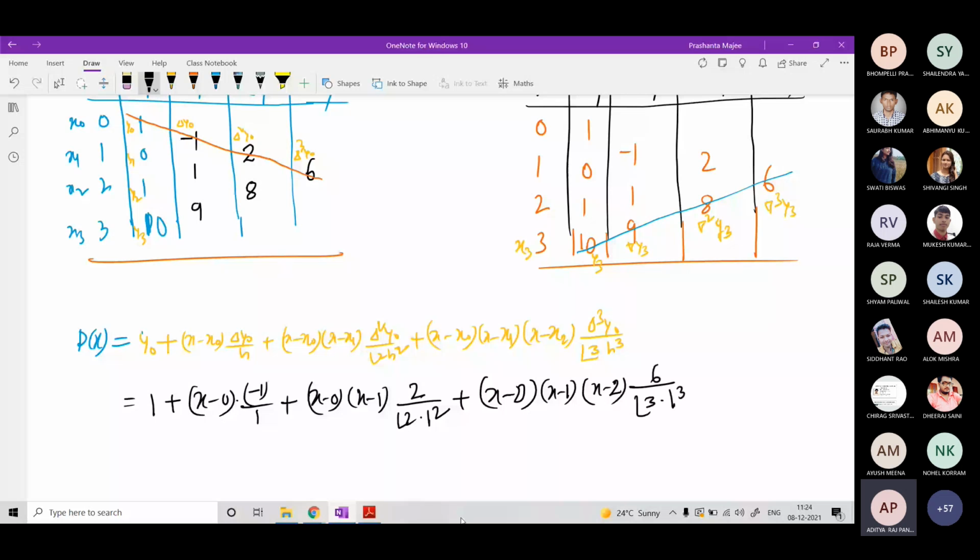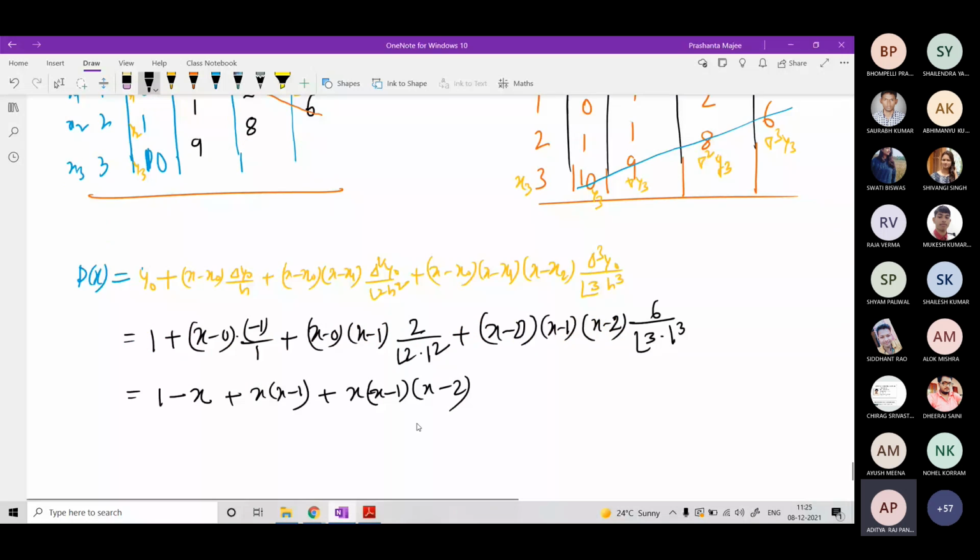So that will be 1 minus x, is not it? 1 minus x plus x into (x minus 1) plus x into (x minus 1) into (x minus 2). So this is the polynomial.